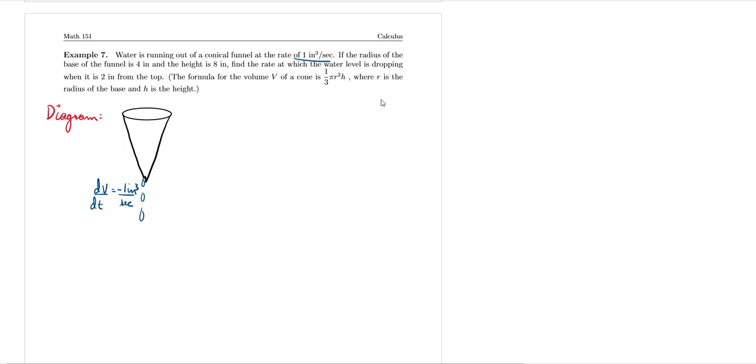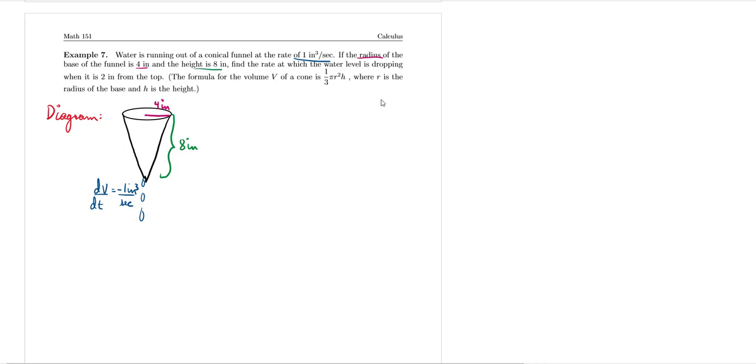Now we have that the radius of the base of the funnel is 4 inches. So this one here is going to be 4 inches. Now the height is 8 inches. So put here the height is 8 inches. Okay, good.